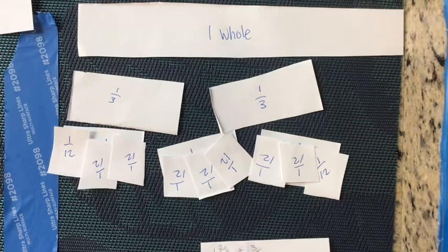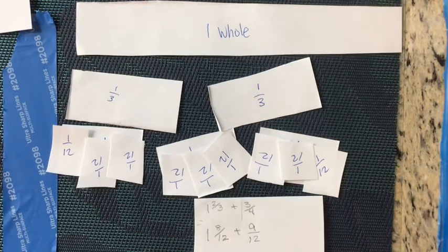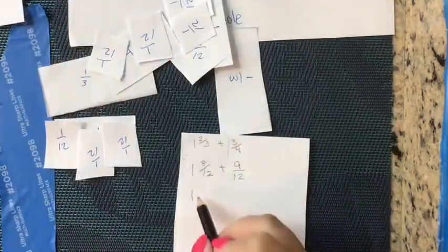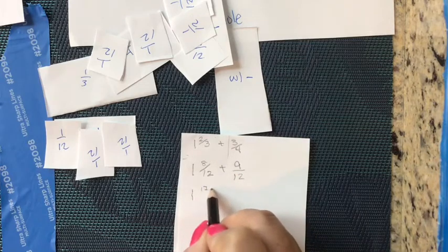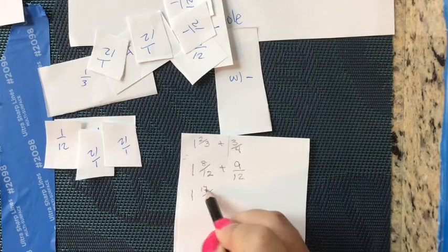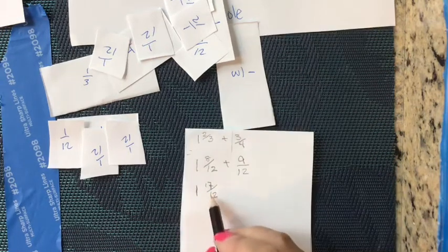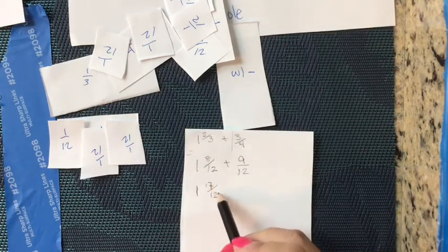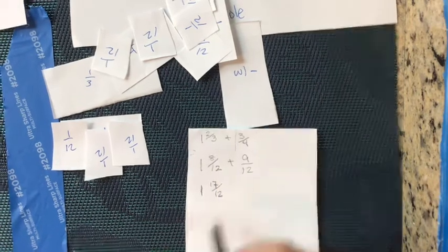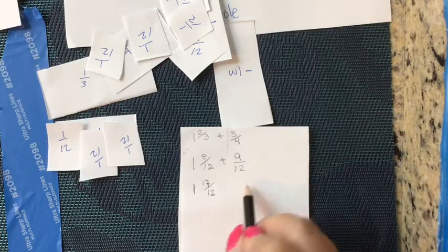And now we've got this equals the same thing, and we can actually count these up now, and we know that this is going to be 1. Our answer is going to be 1 and 17/12. We can even make this a little bit more because we know that 17/12 is going to be another whole.